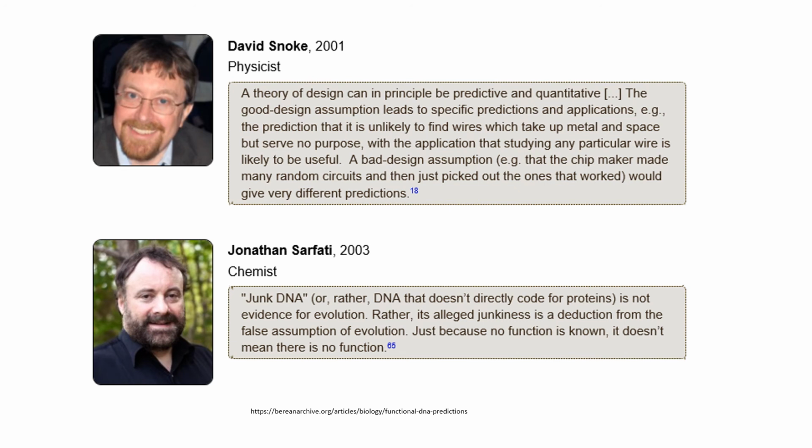he has a long quote here. I'll let you read it for yourself. But the idea of the quote is that the entire idea of design, if we believe something is intelligently designed and you have a good design assumption, it will make specific predictions. And if you believe that something was assembled at random, that then also makes specific predictions.